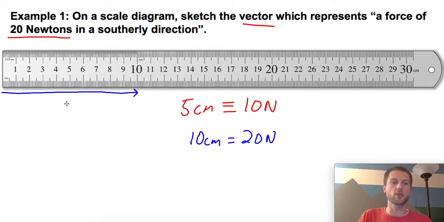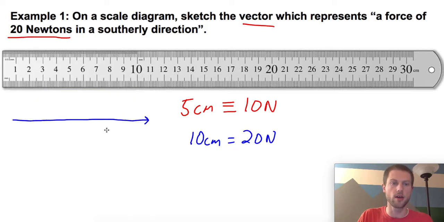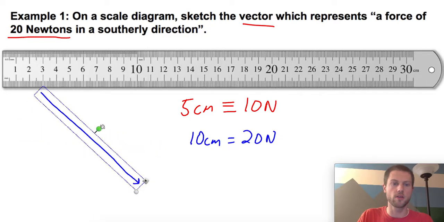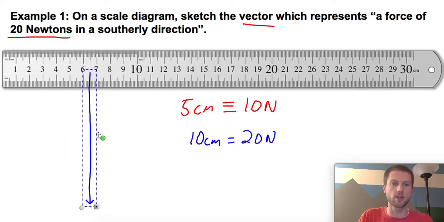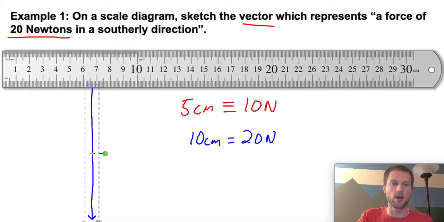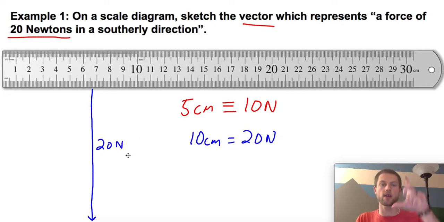And so there's my 20 newtons, but I want this to be in a southerly direction. What's nice is I can take this vector and rotate it so that it's in a southerly direction. And that's going to be a 20 Newton vector. It has a size that's exactly this big, and it's pointing directly south. So there we go. That's the first example.